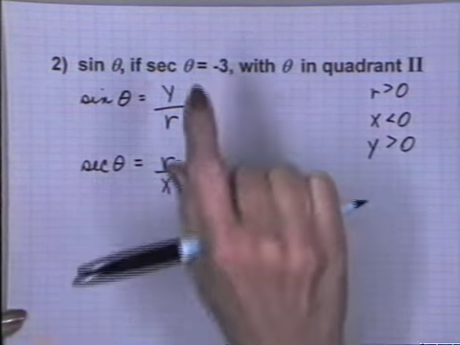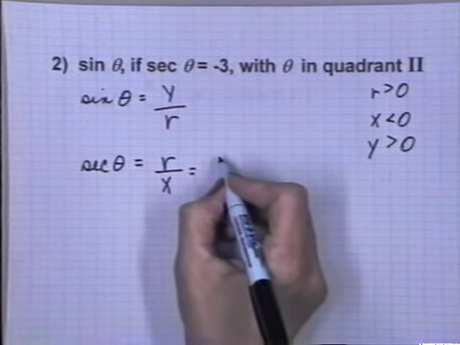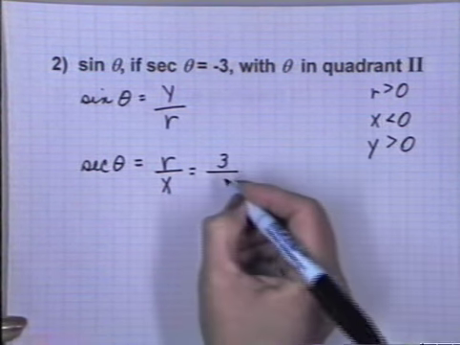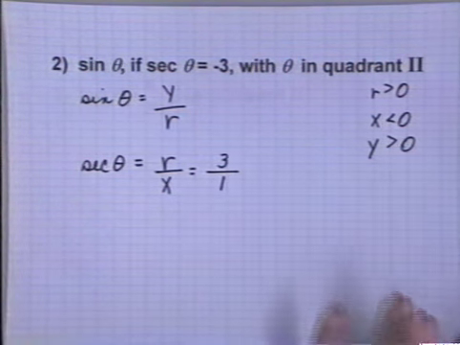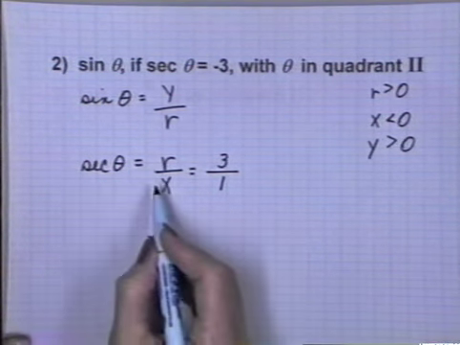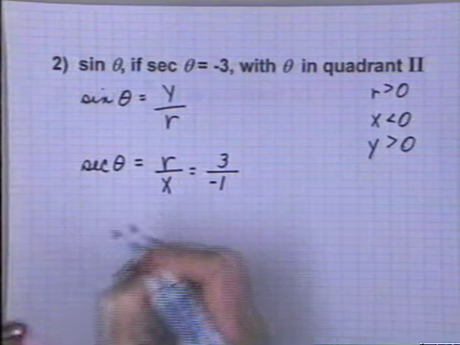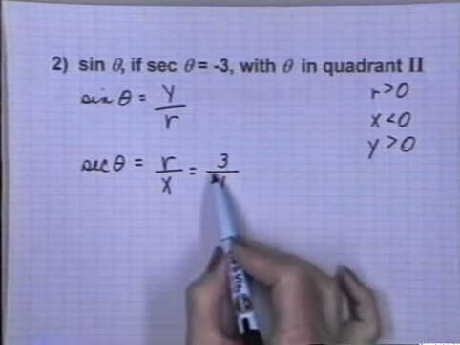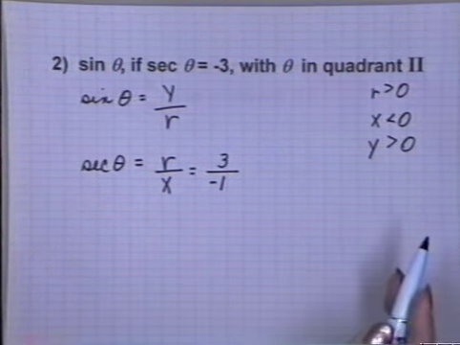So when I write -3 as a fraction, I'm going to write it as 3 over 1, and that of course is just the number 3. But to make it negative, I know the x has to be negative. So the secant of theta is 3 divided by -1.